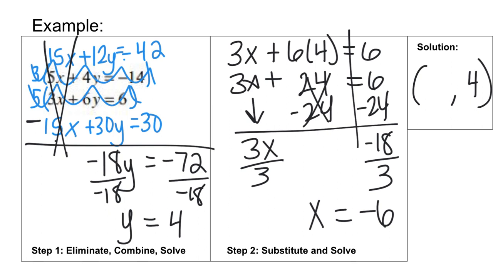And I'll get negative 6. So those that you have to multiply take a little more work.